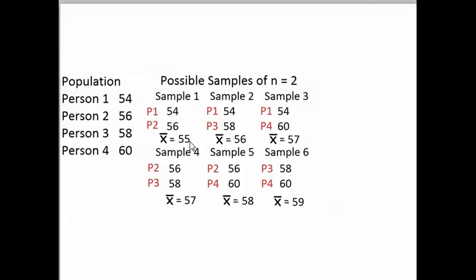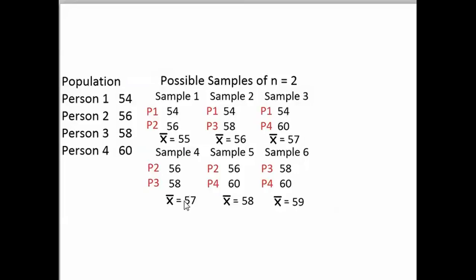Also, some of these samples are more accurate than others. It turns out that the mean of this entire population equals 57. If we added these 4 heights and divided the total by 4, we would find out that the population mean is 57. So that means that sample 3 and sample 4 are perfectly accurate.